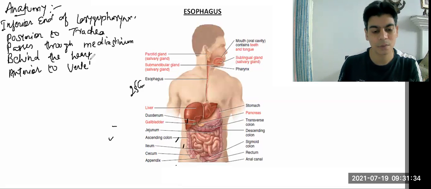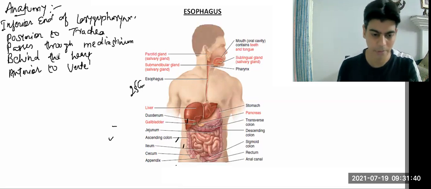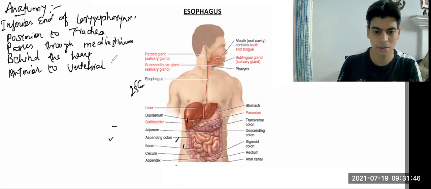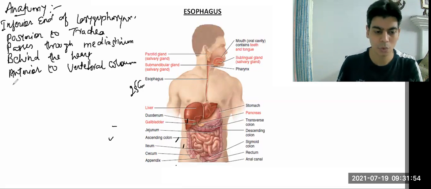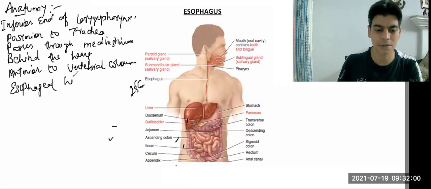And what is the vertebral column? It is a space that contains your spinal cord and the surrounding fluid. It's basically your spine. Anterior to the vertebral column, it pierces your diaphragm through the opening known as the esophageal hiatus.